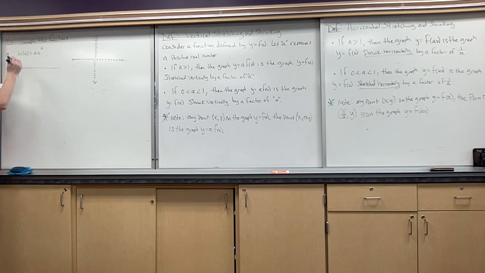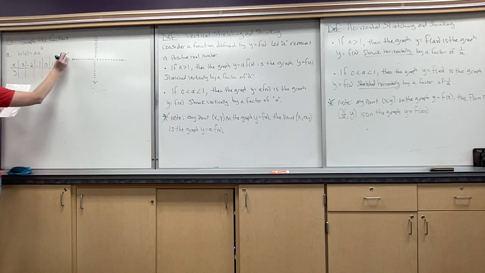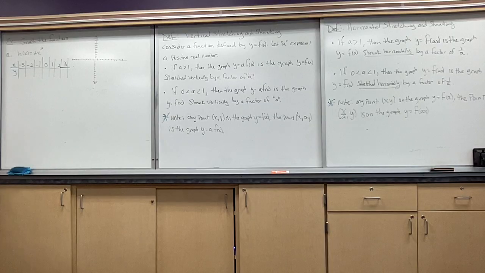So what I did is I just said, okay, let's just do -3, -2, -1, 0, 1, 2, and 3. And the good news is we know that parabolas are symmetric. So we're going to see some duplicate y values anyway, especially if we're going left and right of the vertex. My vertex is going to be here at 0 because it's not shifting anywhere, left or right.